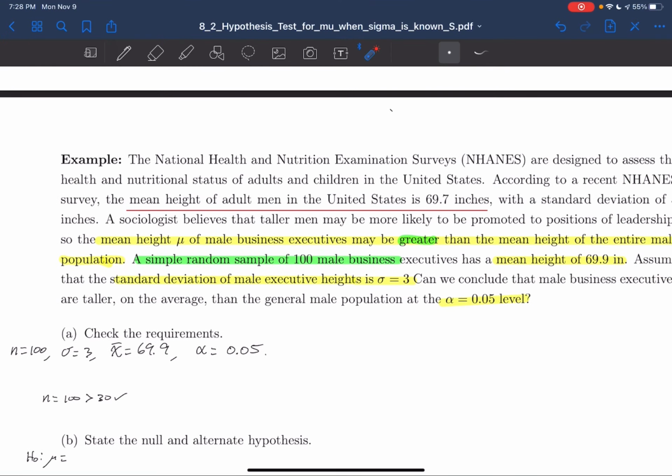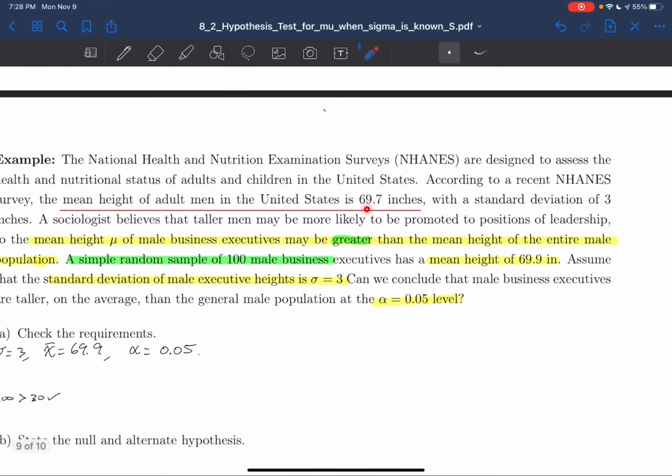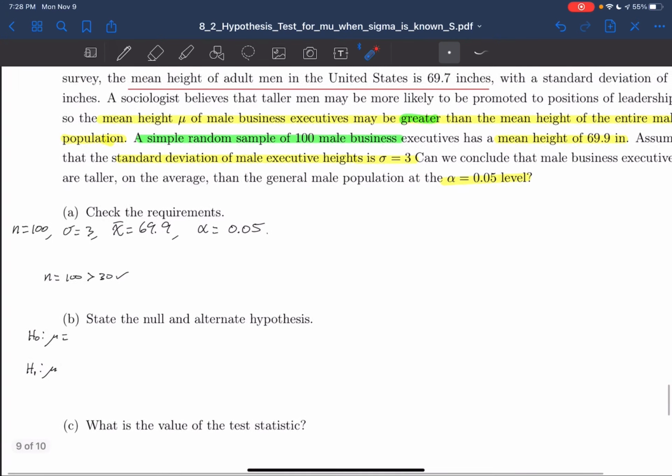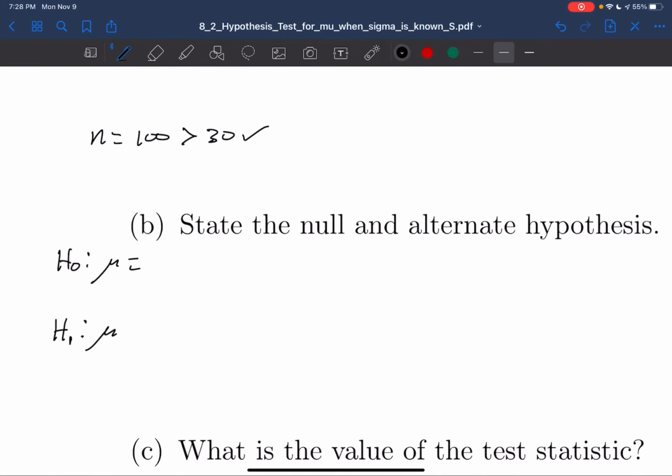We know that the entire male population is 69.7 inches. So he's saying that mu is greater than 69.7. He's saying that male executives are taller than the mean average of the whole male population. And so that means our null hypothesis is that mu is equal to 69.7.